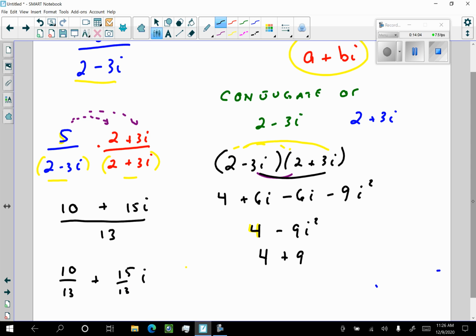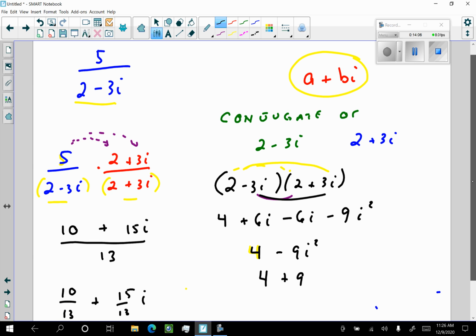This is probably one of the more complex problems. So this rascal right here, 5 over 2 minus 3i, turned out to be 10 over 13 plus 15 over 13i. So this is an IXL that you certainly will want to watch this video over. Take some good notes before you attempt it.